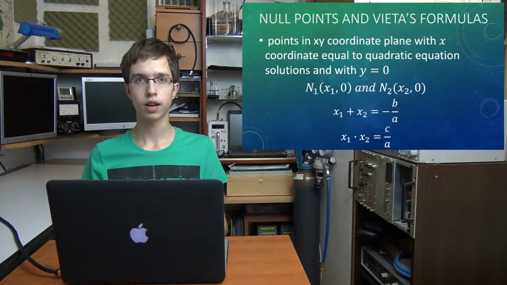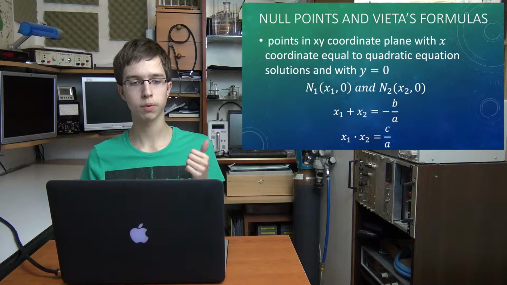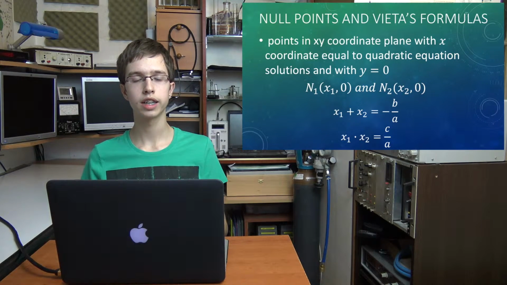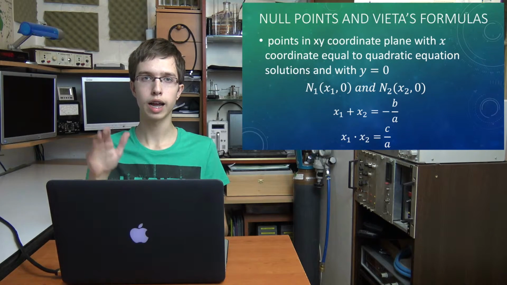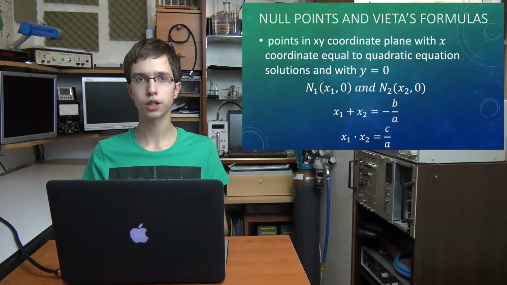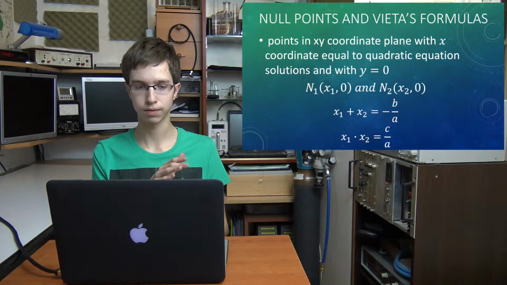Null points are points in the xy coordinate plane whose x coordinate is equal to solutions of quadratic equation and with y coordinate equal to 0. For example, n1 and n2 are null points where the graph, so the parabola, of quadratic function intersects the x-axis.